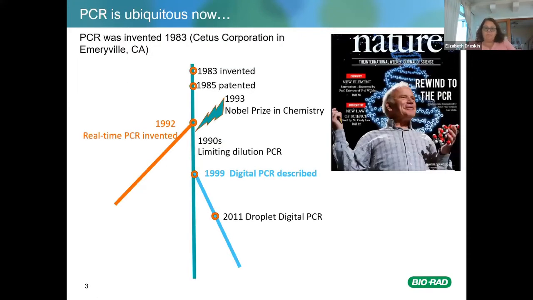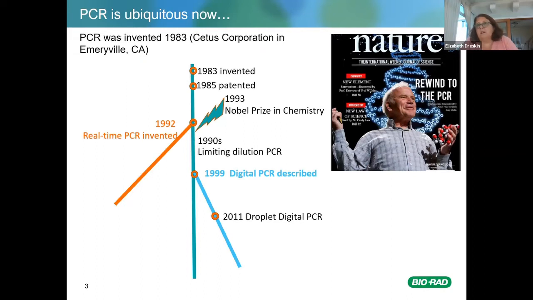So it's hard to believe that PCR was invented less than 40 years ago, but it's had a huge impact on life as we know it. It was invented in 1983 by Kary Mullis, who was at Cetus Corporation. And 10 years later, he received a Nobel Prize in chemistry.